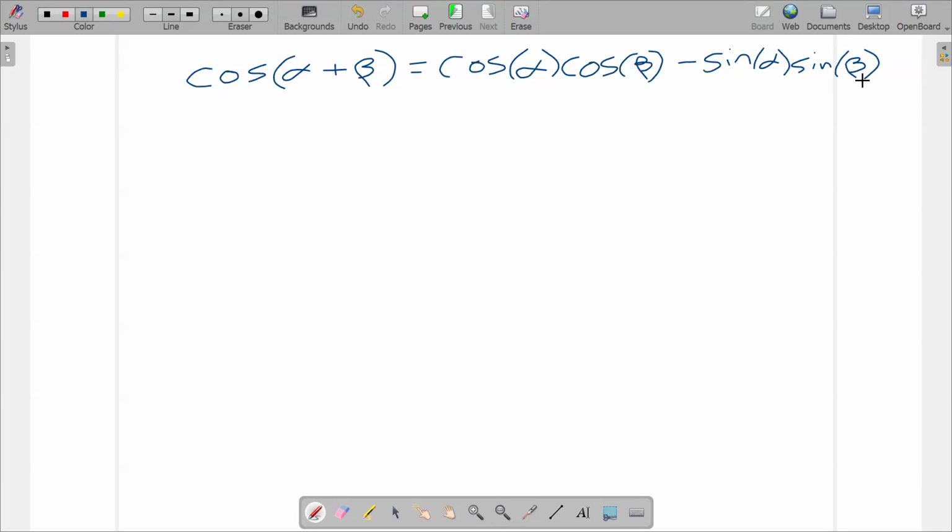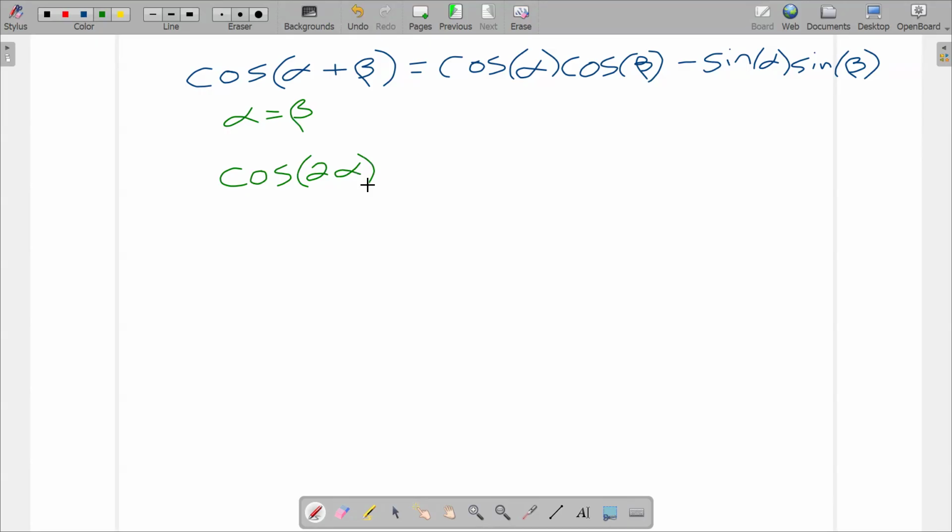And what I want to do is tweak this formula a little bit by saying, what happens if I let alpha equal beta? Then I'm going to get alpha plus alpha, or 2 alpha. So on the left, I'm going to have the cosine of 2 alpha.